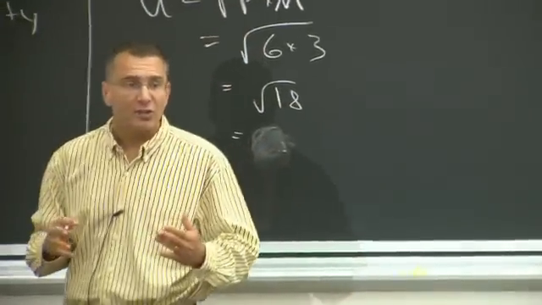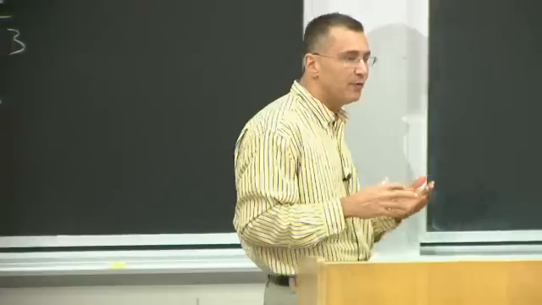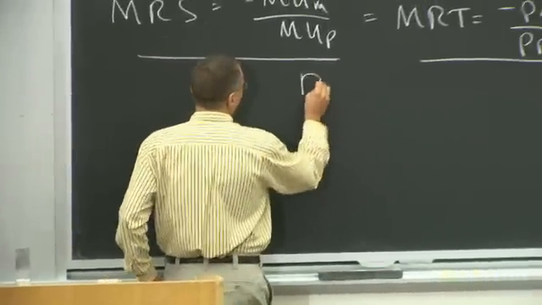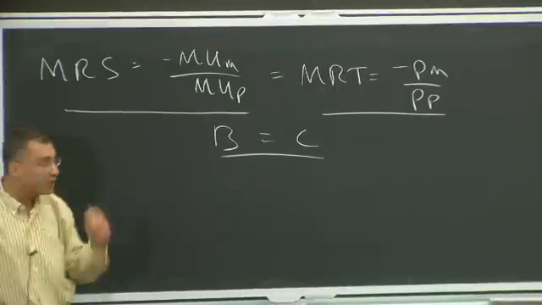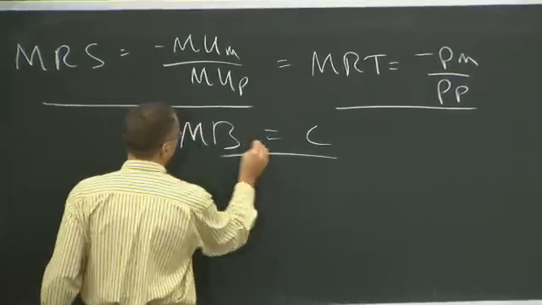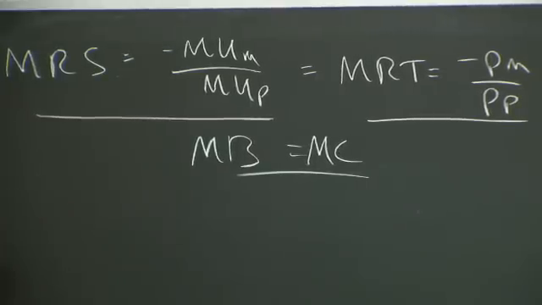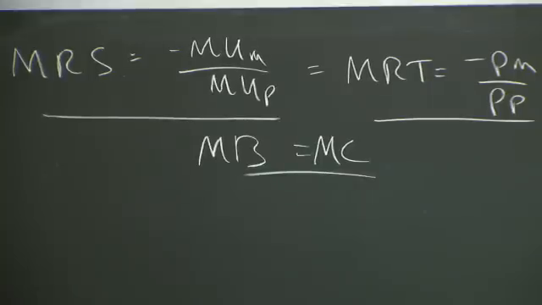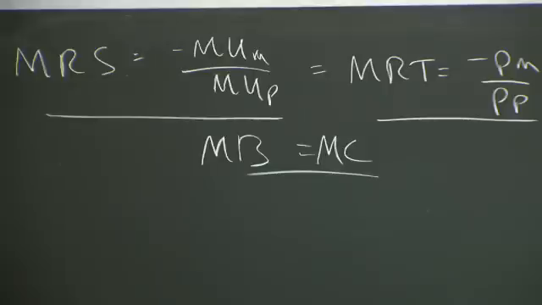The cost, the marginal rate of transformation, is the price of that next movie relative to the price of that next pizza. So what we're saying here is we're setting benefits equal to costs. In particular, we're setting marginal benefits equal to marginal costs. The marginal benefit, the benefit to you of that next movie in terms of pizza, has got to be equal to the marginal cost, the cost to you of that next movie in terms of pizza.